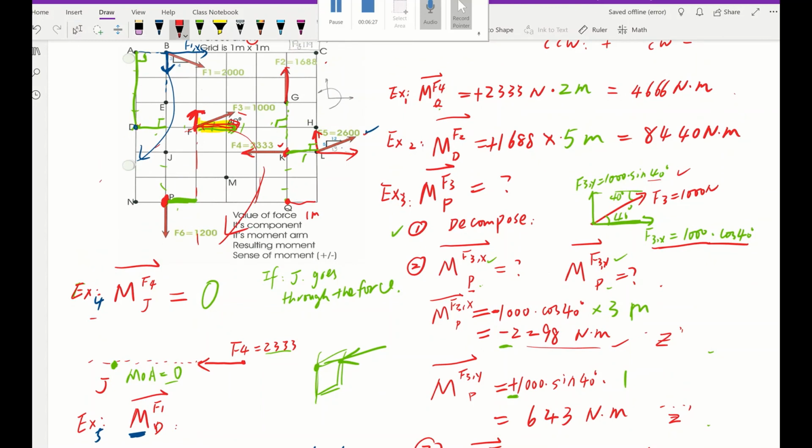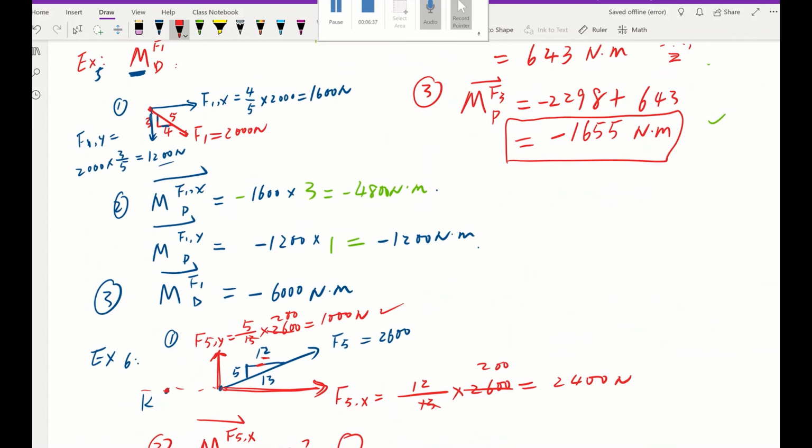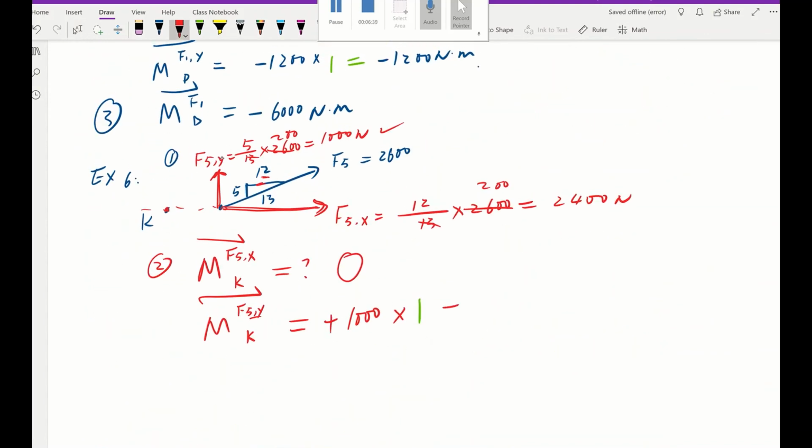This force rotating about K, y rotation, it's counterclockwise rotation. So that's going to be positive. Then the answer for that would be 1000 Newton meter. All right. Knowing that, our final result for this F5 rotating about K, we know the answer now. It's going to be 0 plus 1000. The answer is 1000 Newton meter.